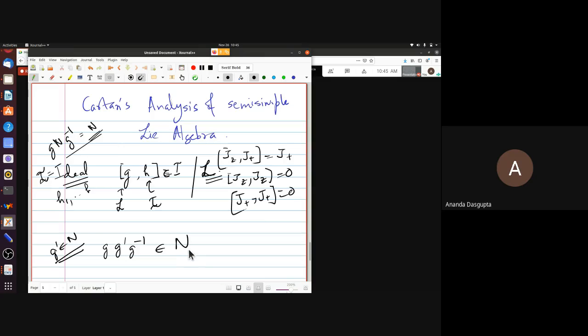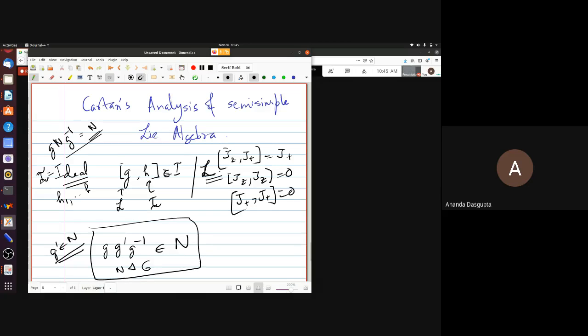But if your subset from which you have picked your G dash is a normal subgroup, the result is going to be in that same normal subgroup. It's not going to go out of that. So that's the special situation which makes a normal subgroup a special kind of subgroup of G.